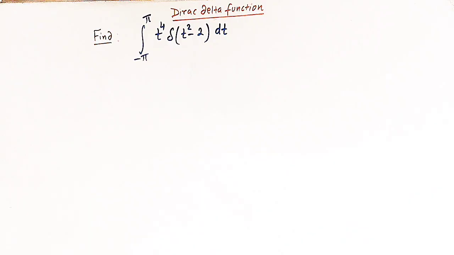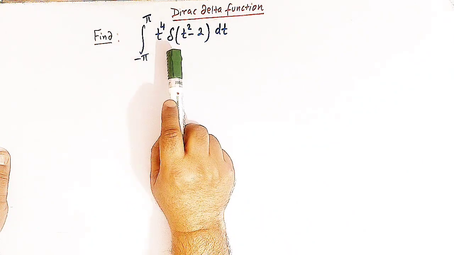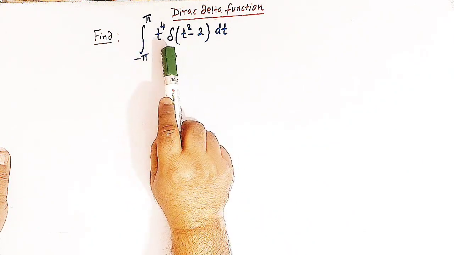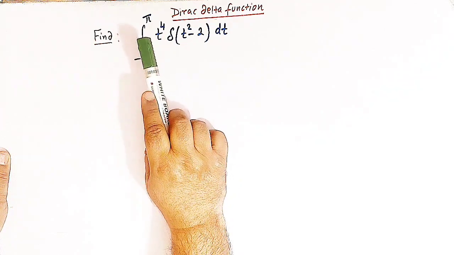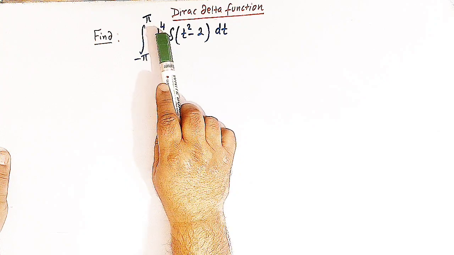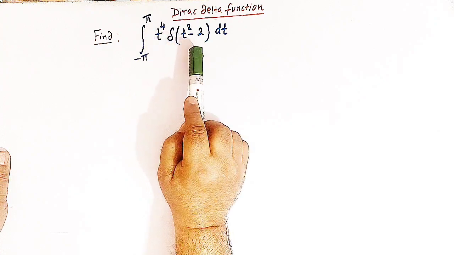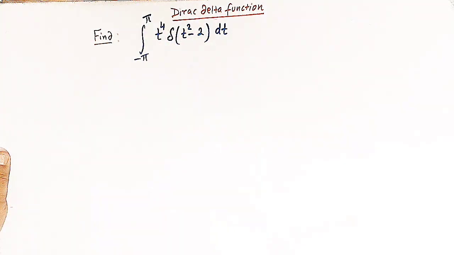Hello viewers, in today's session we are going to discuss another important problem from Dirac delta function. So here we have to find the value of this integral involving the delta function. So we have the integral from minus pi to pi of t raised to 4 and delta of t square minus 2 dt, right?